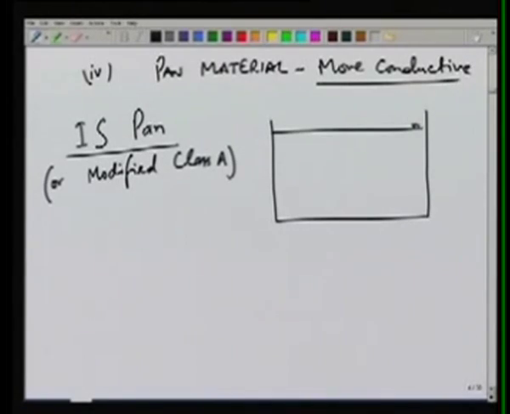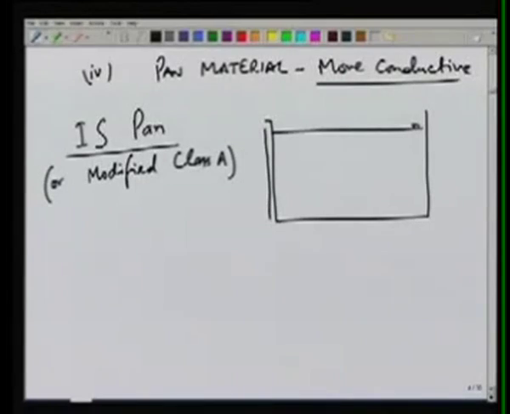So the class A pan, which was used by US Weather Bureau, was slightly modified by the Indian Standard Institute. Dimensions are very similar. So we have a dimension of, instead of 1210, we used 1220.